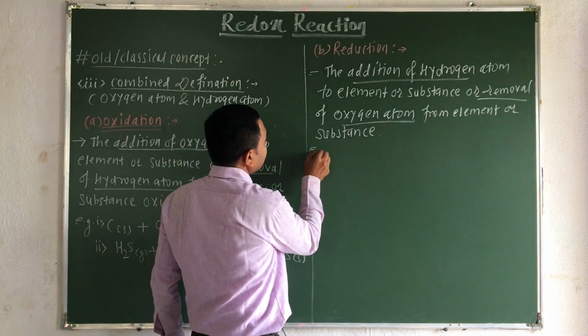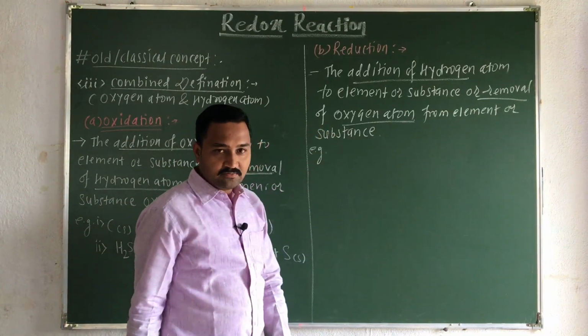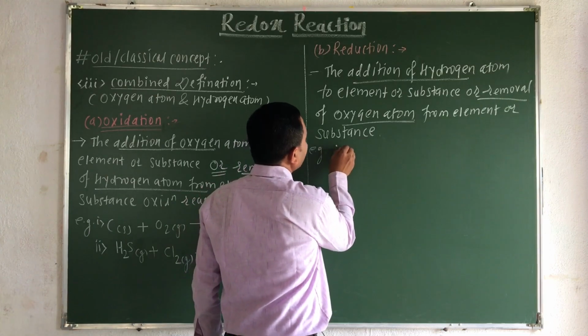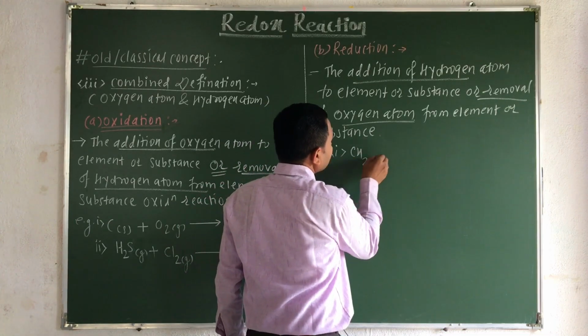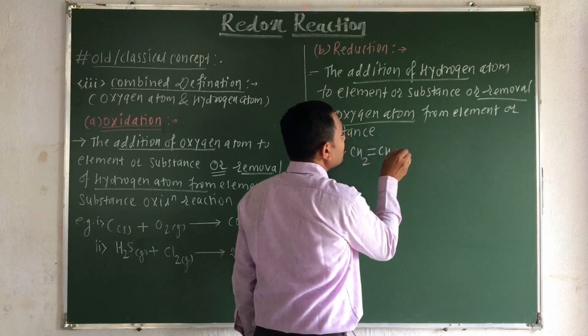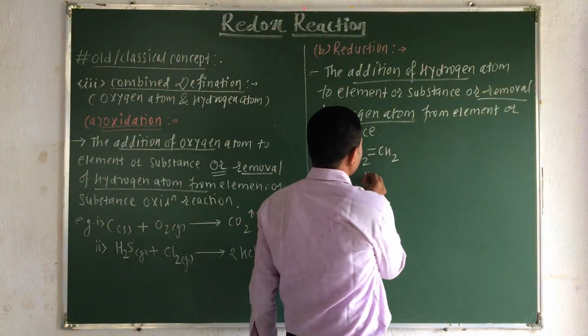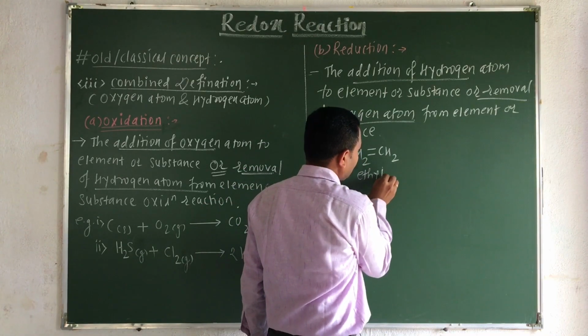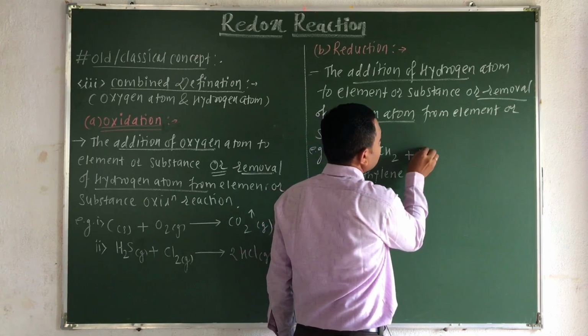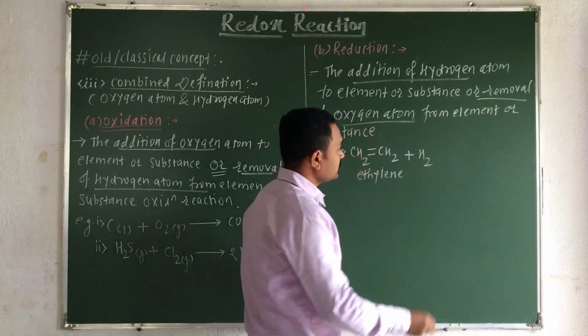Now let us consider examples of reduction reactions. For example, ethene. We have already studied this example, that is ethylene gas, which is passed over hydrogen gas.